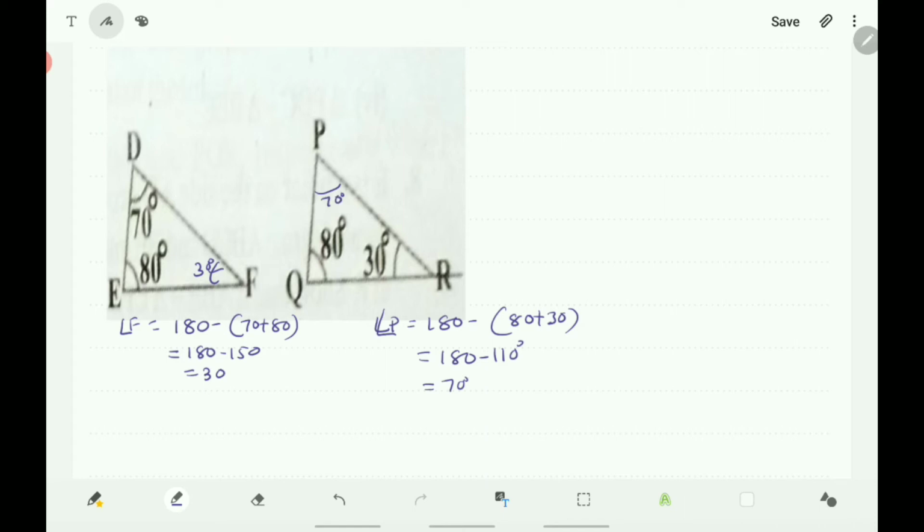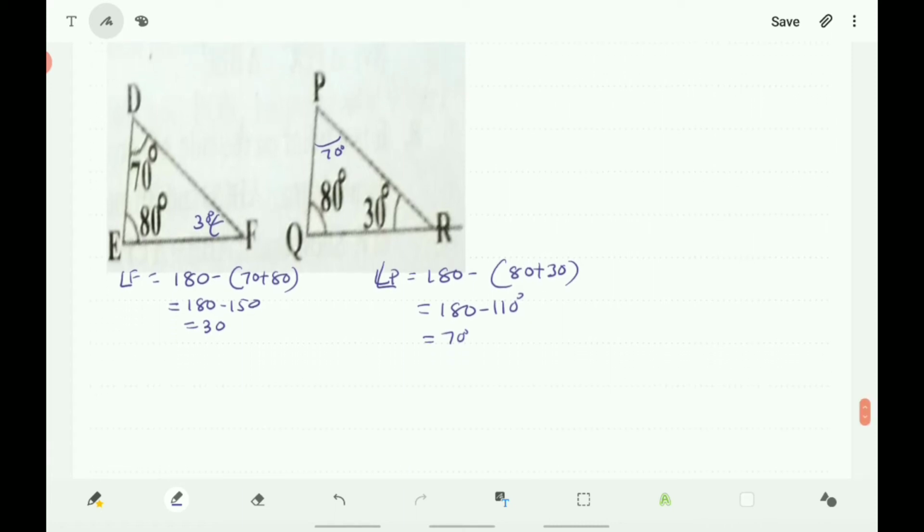After getting all the angles, you can verify the AAA similarity criteria and check the pairs of angles. Angle D and angle P are 70 degree, they are equal. Angle E and angle Q are 80 degree, which are equal. And angle F and angle R are 30 degree, and they are equal.